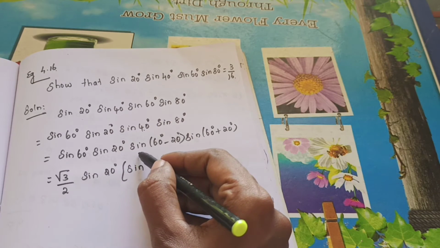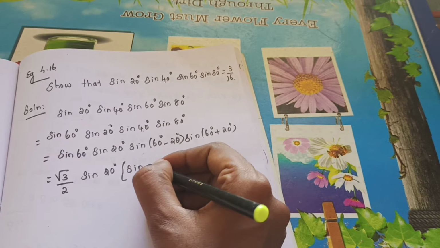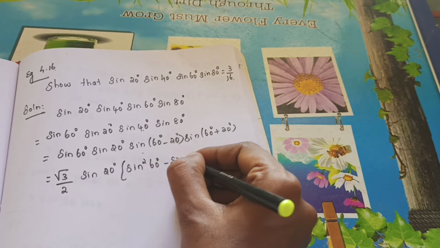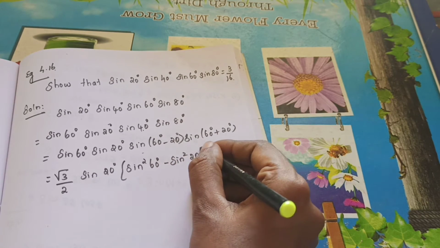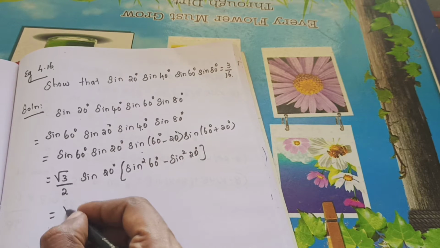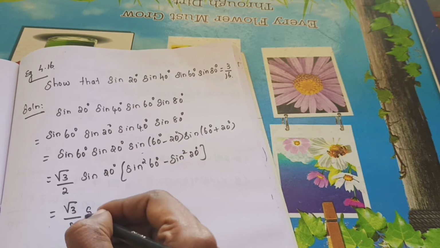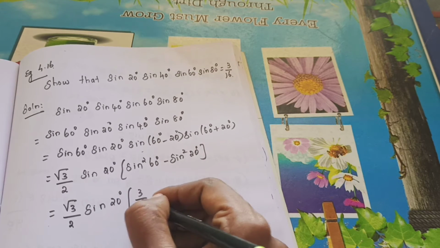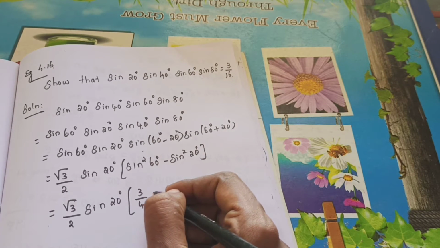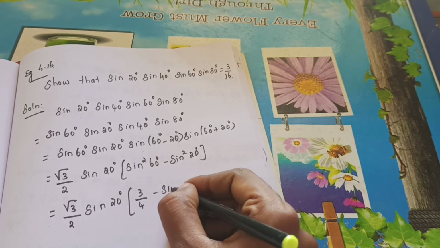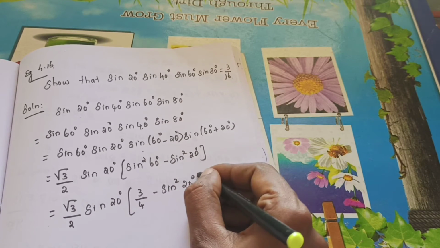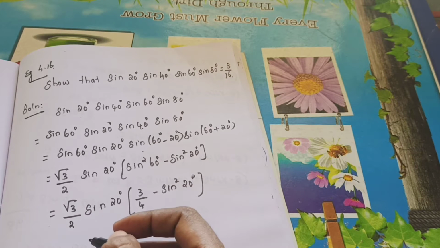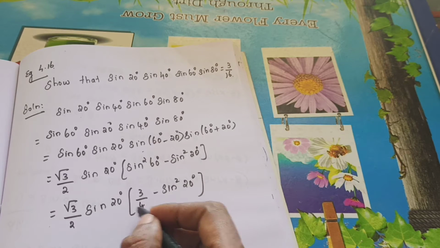What's the formula for sine A minus B into sine A plus B? Sine square A minus sine square B. So use that formula. That's equal to root 3 by 2 sine 20 degree. Sine square 60 degree means root 3 by 2 the whole square, that is 3 by 4. Minus sine square 20 degree. That's equal to, same as previous problem you can do.